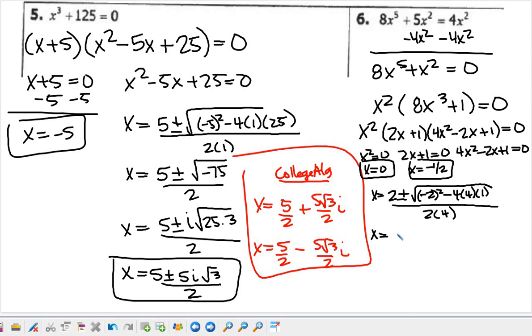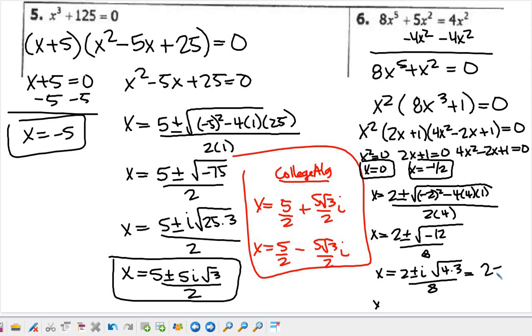So I have x is equal to 2 plus or minus the square root of negative 2 squared minus 4 times 4 times 1, which is negative 12. So another imaginary solution, over 8. So x is equal to 2 plus or minus, I'm going to pull that i out, 4 times 3 over 8.